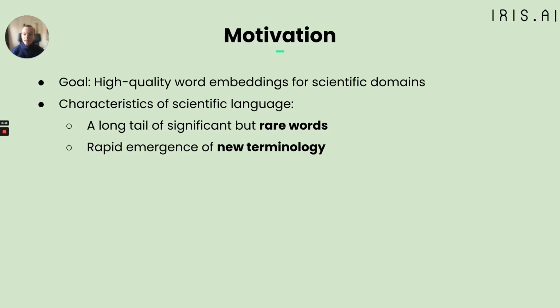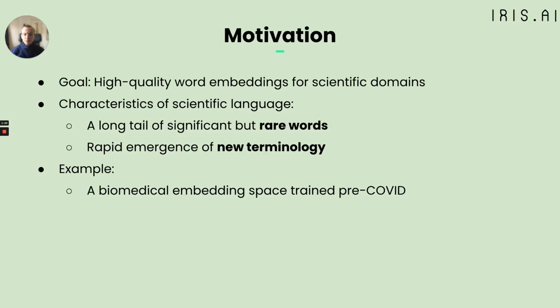For example, in chemistry, the most significant words, such as the name of a newly discovered molecule, could be very rare in any text corpus, and therefore training algorithms may ignore them and not be able to generate reliable embeddings. Words can also be missing if the embedding was trained before the terminology was introduced in the literature. For example, you could have an embedding model trained pre-COVID, and it would not have any COVID-related terms that may be useful in your downstream task.